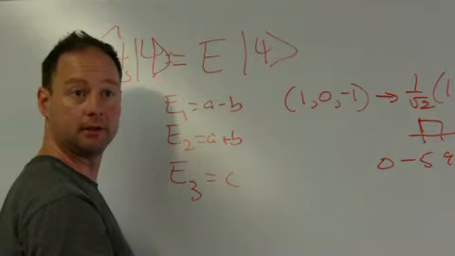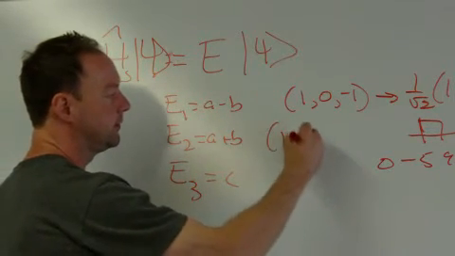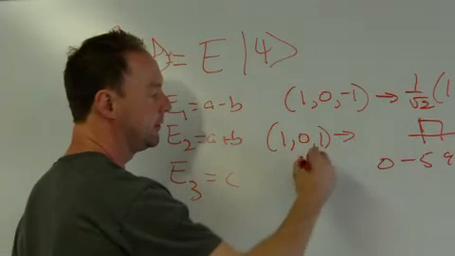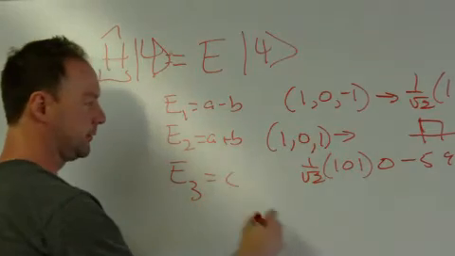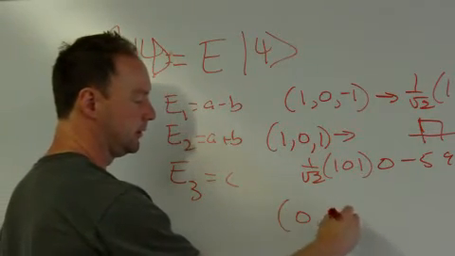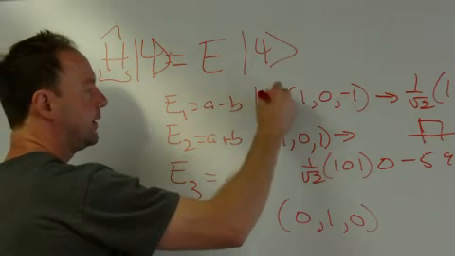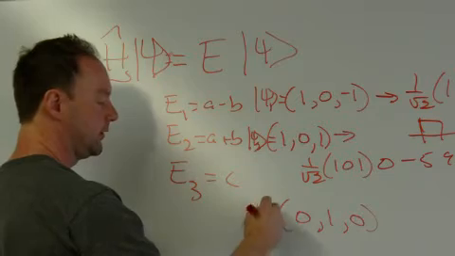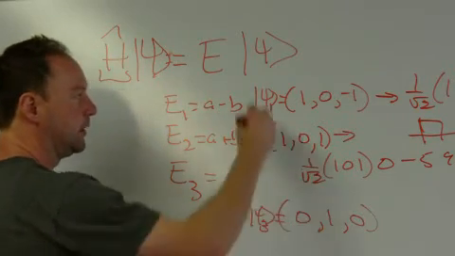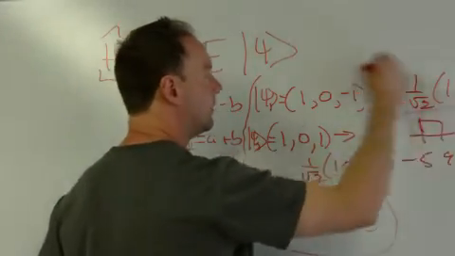To normalize it. Okay, but now I'm normalizing in my head. This one came up to be 1, 0, 1, so this came up to be 1 over radical 2, 1, 0, 1. And what does this one come up to be? It came up to be 0, 1, 0. That's it. So this is psi 1 ket. This is psi 2 ket. And then this is psi 3 ket. So what collectively, what is psi 1, psi 2, and psi 3?